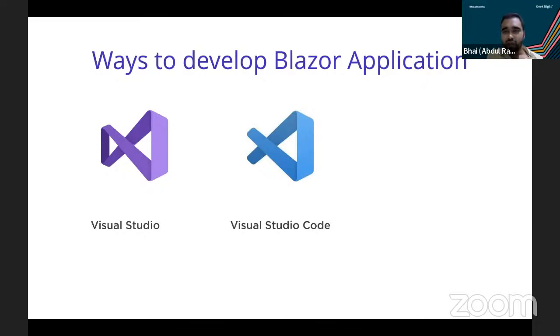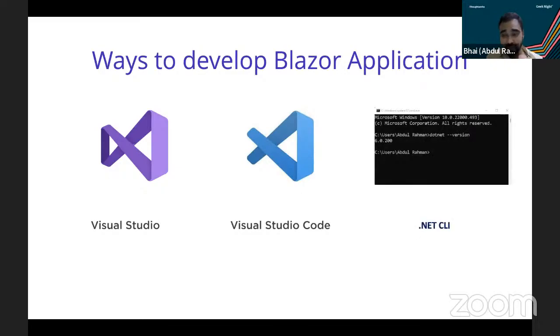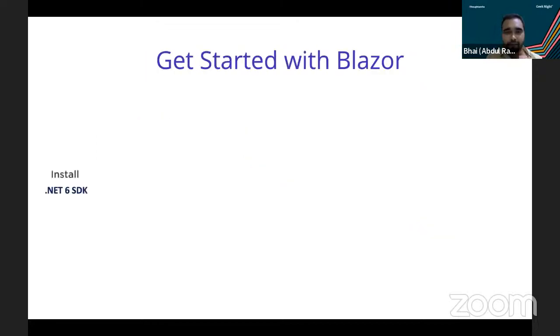It is not that we should always be familiar only with IDEs. Sometimes you also need to be familiar with the CLI. That is because when we deploy our applications in a CI/CD environment, we need to get familiarized with working in a CLI environment, and we can also create Blazor applications using the .NET CLI.